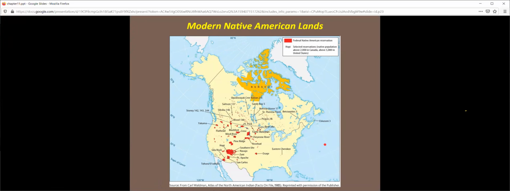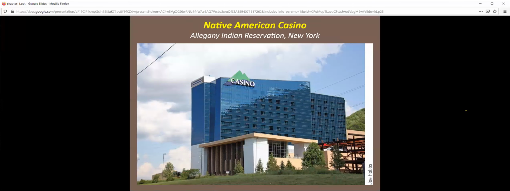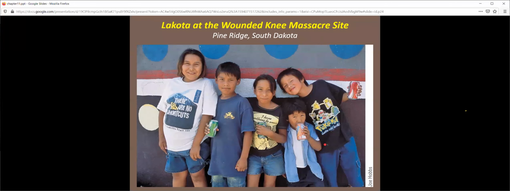I'm sure you've been around a federal Native American reservation. And as said here, very poor communities plagued by high rates of incarceration, alcoholism, drug abuse, depression, broken families, teen suicide, unemployment. The only thing arguably positive that comes out of reservations are casinos. So how's this really going for you, right?